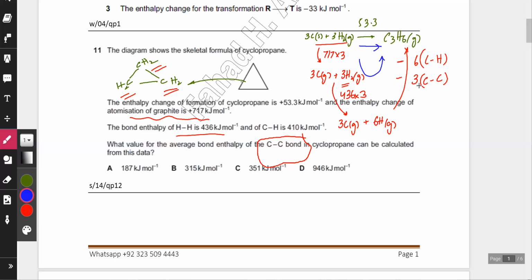So it's 53.3, and that's equal to 717 into 3 plus 436 times 3, and then minus 6 C and H bonds. That's given over here, 410. And then it's minus 3 C and C bonds, which are unknown. So you have to make C and C bonds the subject of the equation.